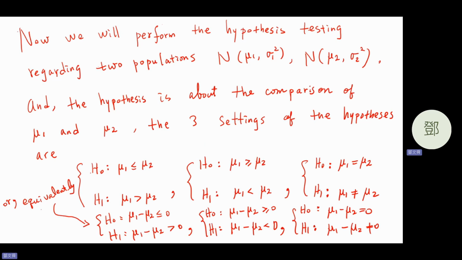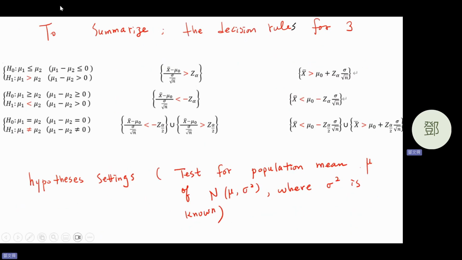Here, one population, and that's a summary I made for you. The decision rules for the three hypothesis studies, 1, 2, 3, and this is the rejection region, also called the critical region.